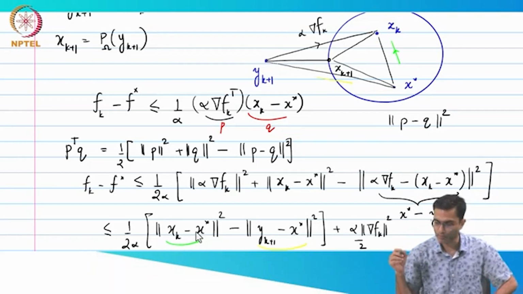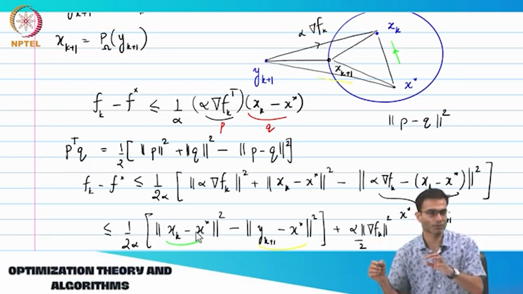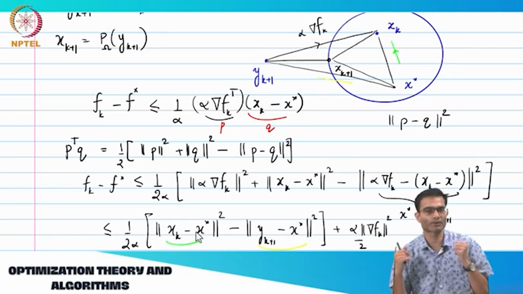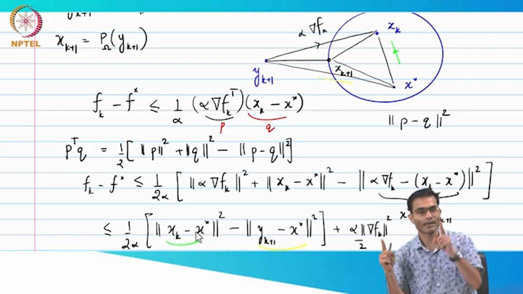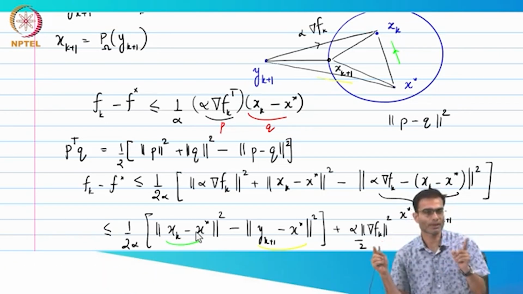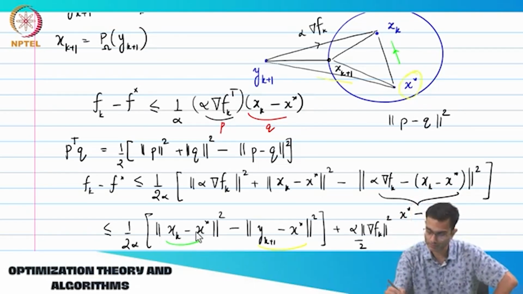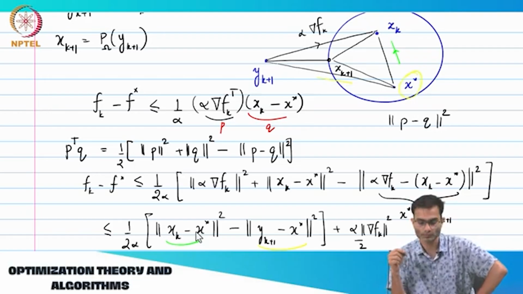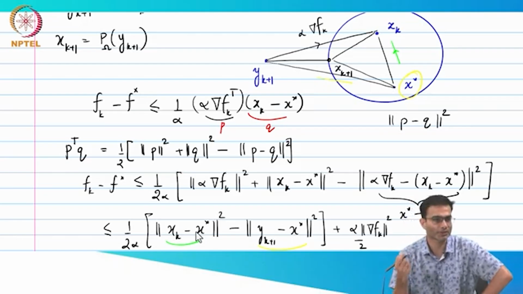Now because yk plus 1 projects to xk plus 1, can we say something about the distance of y to x star and xk plus 1 to x star? Will there be some kind of an inequality? Which will be closer to x star, yk plus 1 or xk plus 1? Xk plus 1 because it's the projection, right?